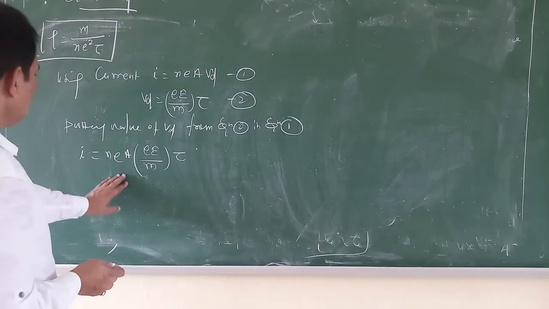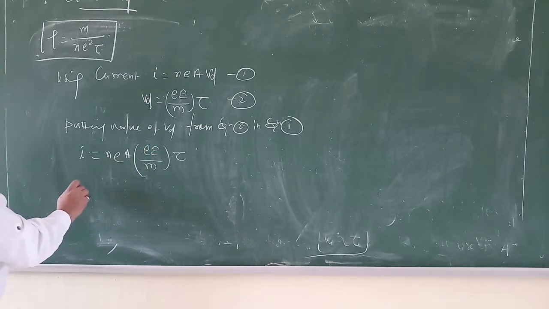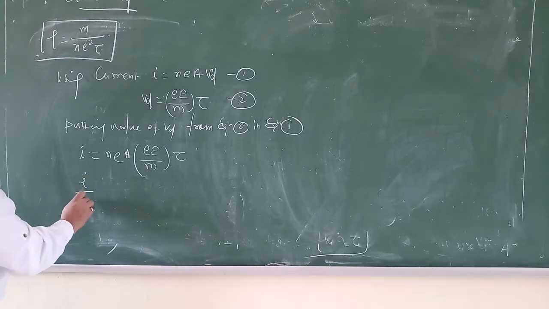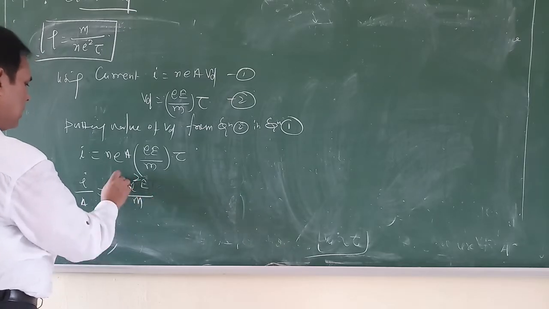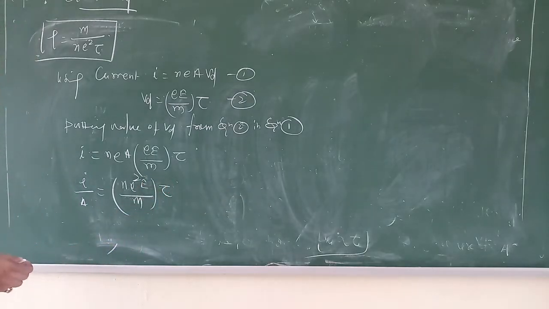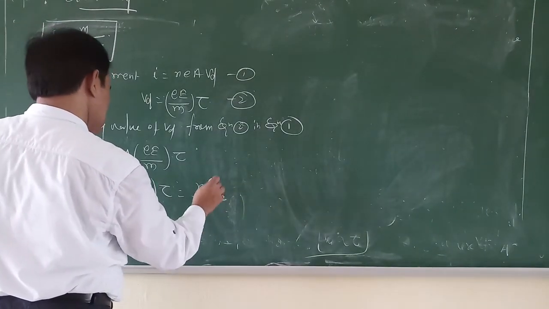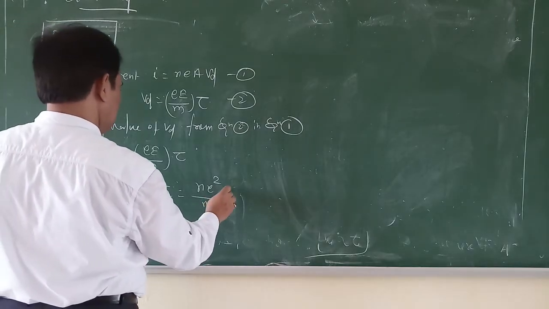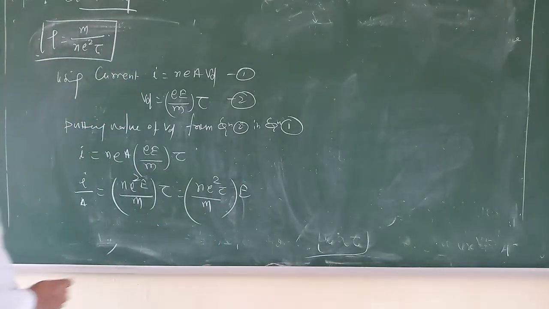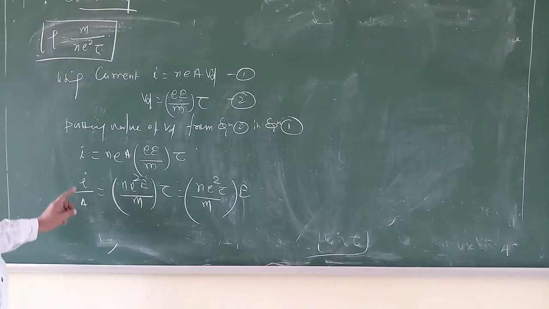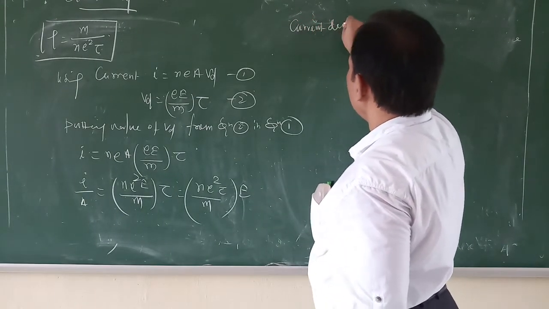Or you can write I by A equal to ne square tau by m into E. Now see here, current per unit area of cross section is called current density.